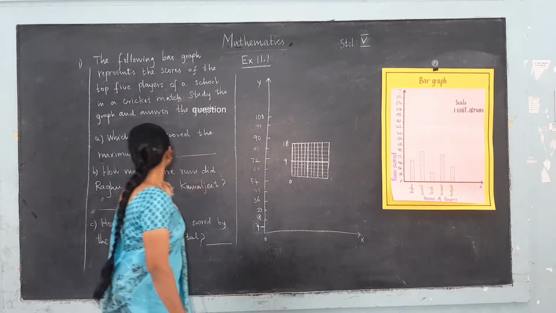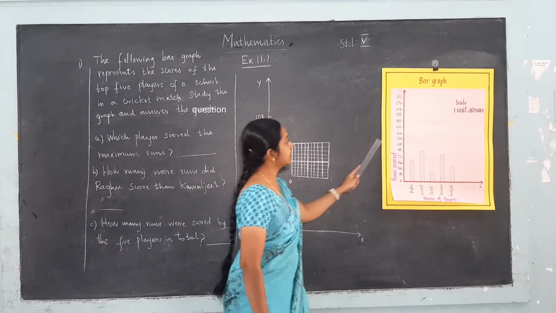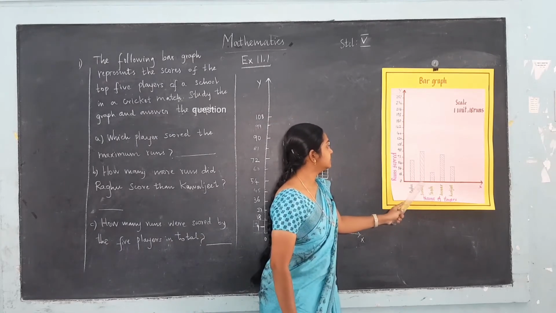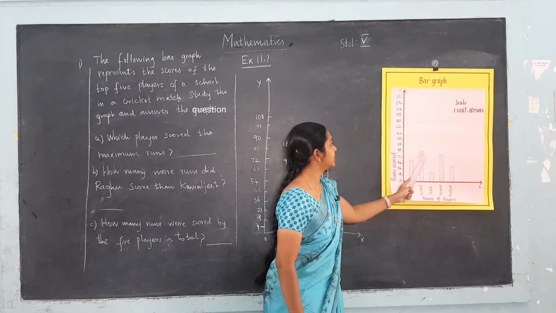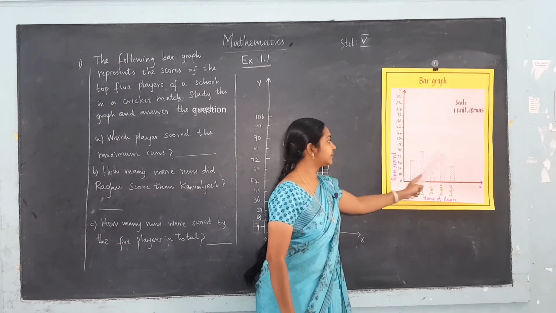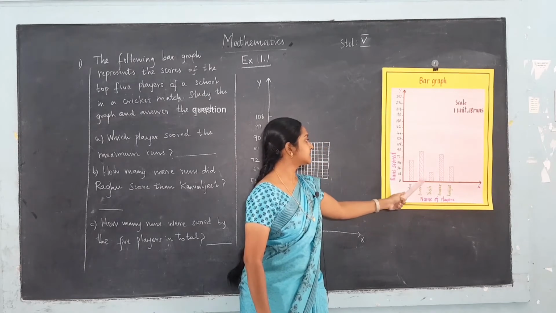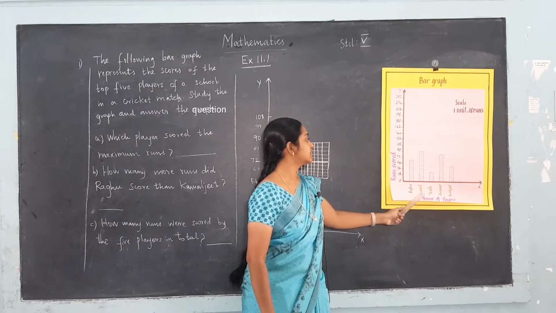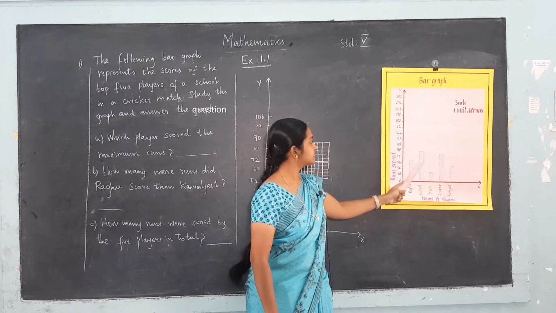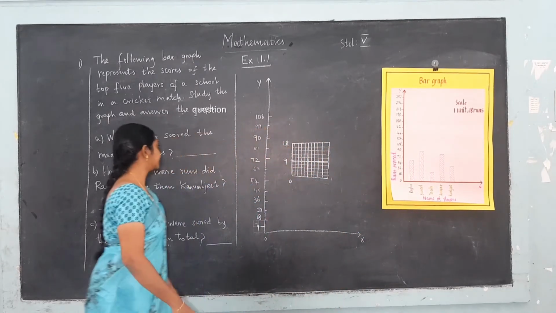By looking at the rectangular bars, this height is very large compared with others. Compared with all other rectangular bars, this is the highest. So, the highest run scored is by Sunil. He scored 90 runs. So, the answer is Sunil.